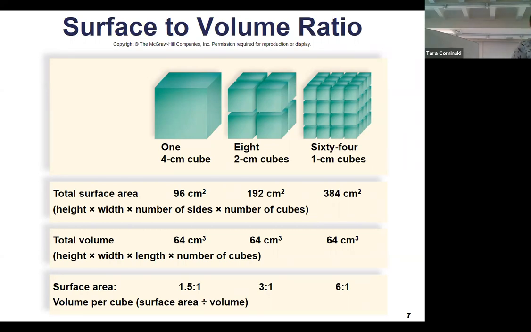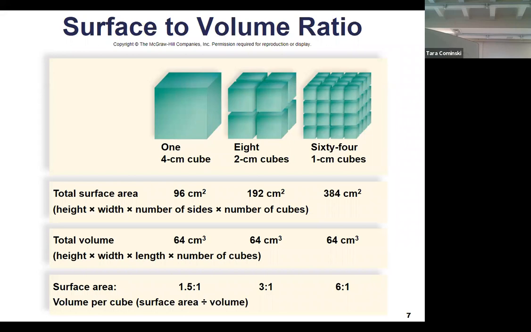The whole point of this is why are cells so small, right? They're really small because if you talk about their surface area versus their volume, the surface area is much greater. If you look here, where it's showing you the surface area versus the total volume, if you divide up this cube into 64 little cubes, you have much larger surface area, but it's actually the same total volume, okay?